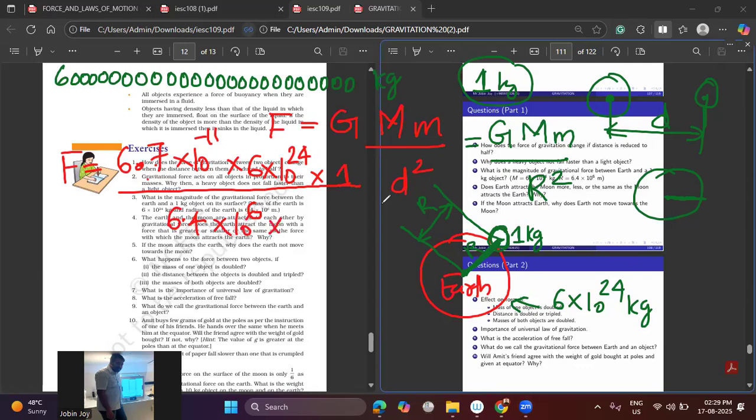Into, so this is r square, right? So that means 6.4 into 10 raised to 6, because this is r square.